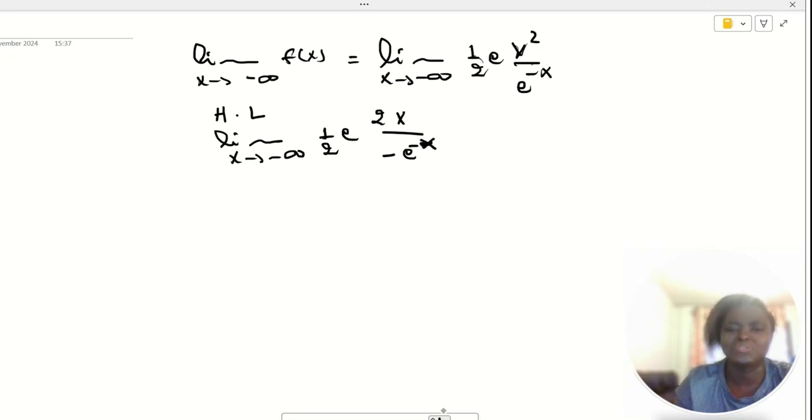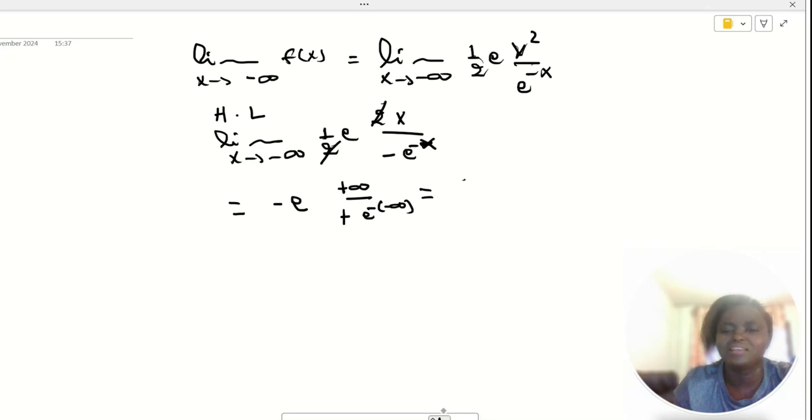So then the 2 and 2 will be simplified, and this will be equal to minus e times minus infinity, over minus e power minus minus infinity. This will be plus, and then this will be plus e power plus infinity, which is infinity.